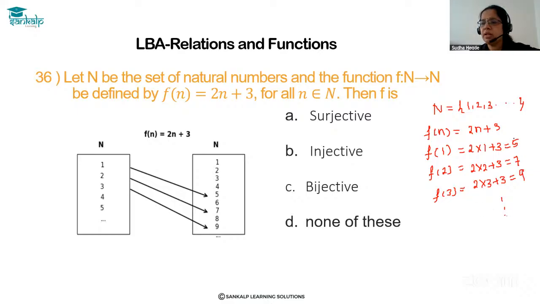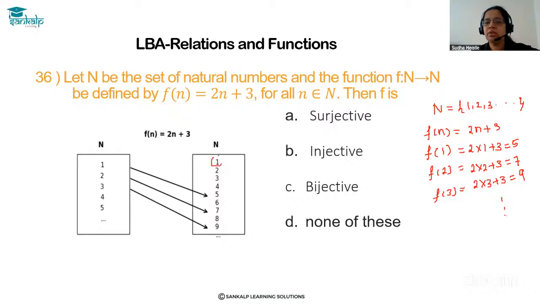So clearly, for distinct elements you have distinct images. So f is clearly 1-1. But what about onto? What's the range? 5, 7, 9, 11, like that it continues. But N contains 1, 2, 3 and so on.